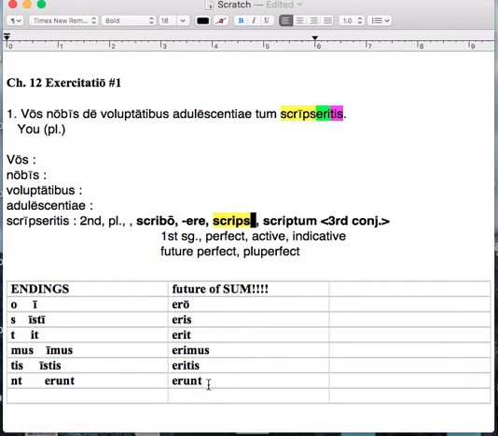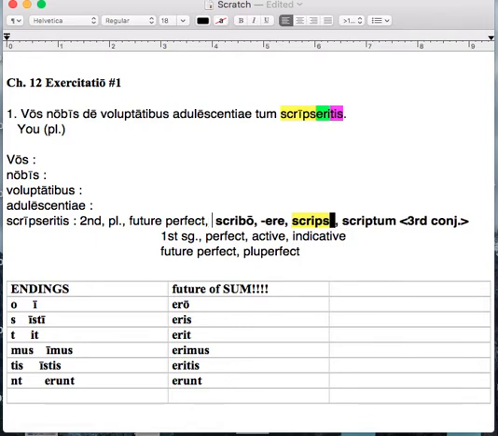These are going to form the back end of your future perfects. So we know, because we have eritis here up above, that this is going to be future perfect. So we have second person plural future perfect.